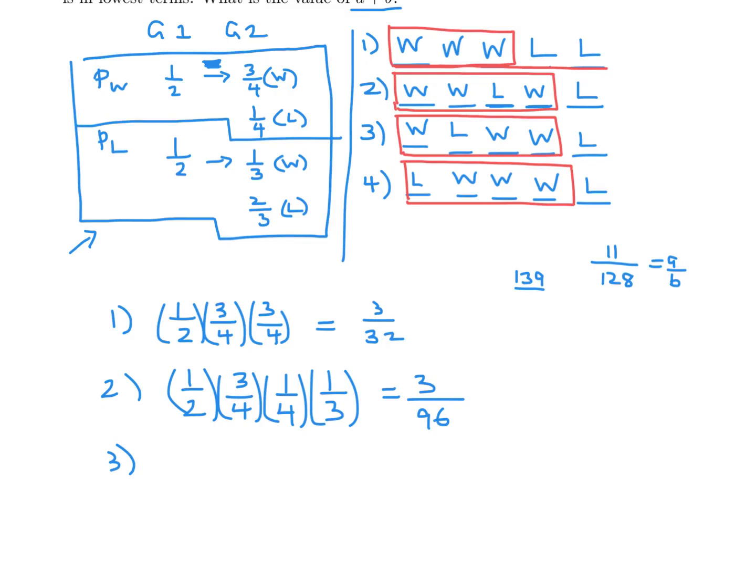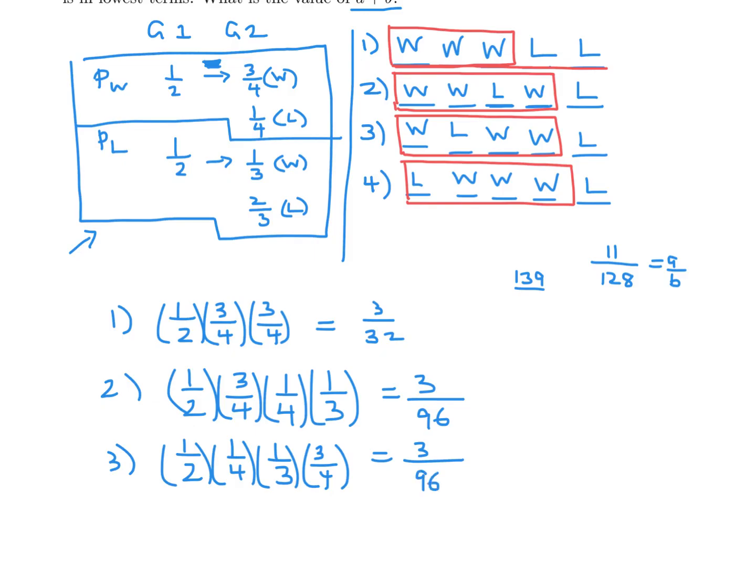Number 3, win. Probability of winning is a half. If you win, the probability of losing the next one is 1/4. If you lose, the probability of winning the next one is 1/3. And if you win, the probability of winning the next one is 3 over 4. So this is 3 over, same thing, right? 96?